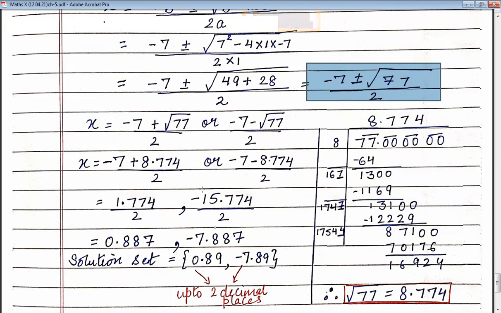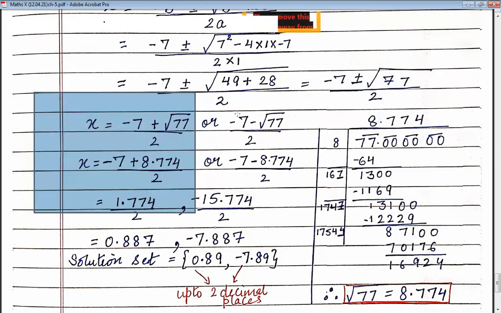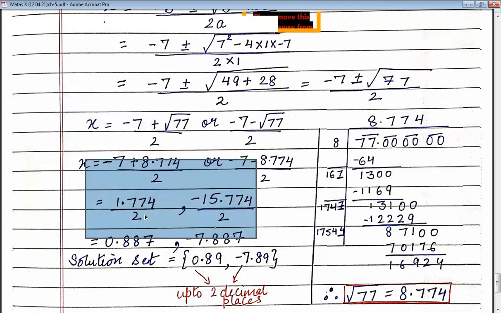And as you know, you have just calculated that the square root of 77 is 8.774. So substitute it here, and similarly in the second one also you have to substitute, and when you solve it you will get your answer as 1.774 upon 2, and the second value is minus 15.774 upon 2.